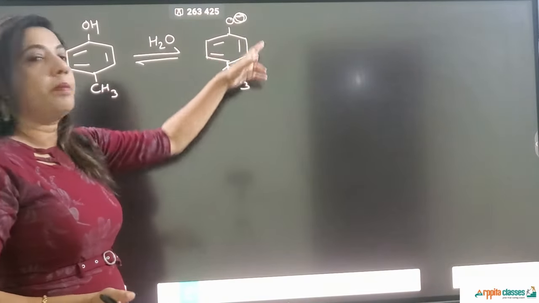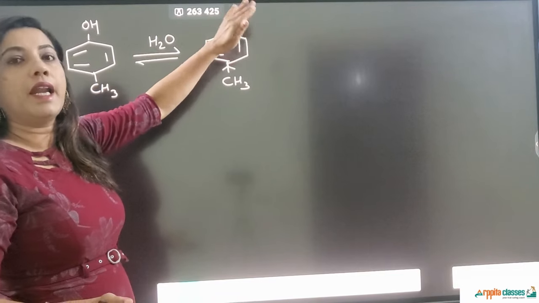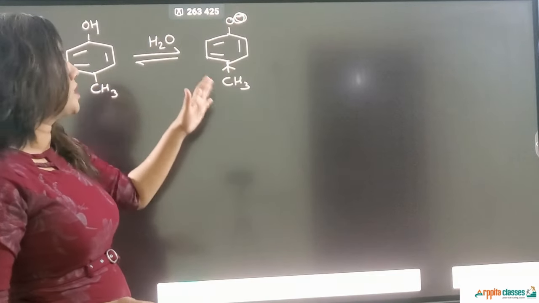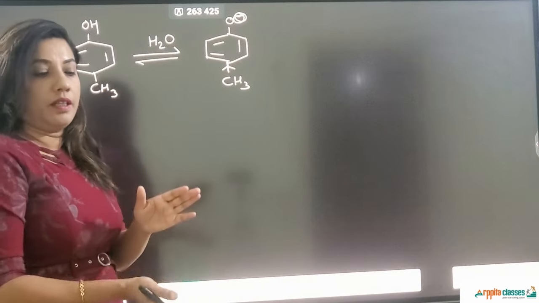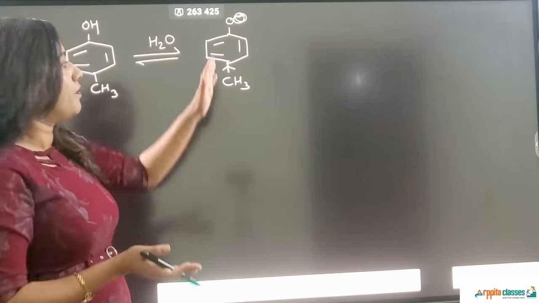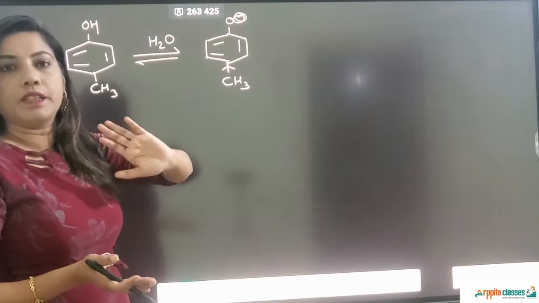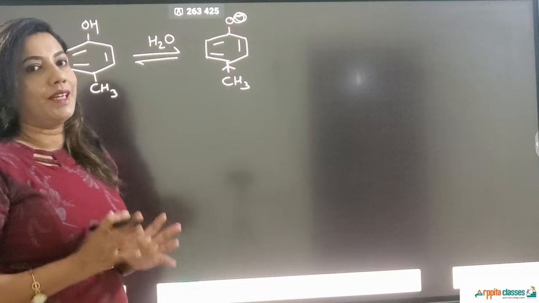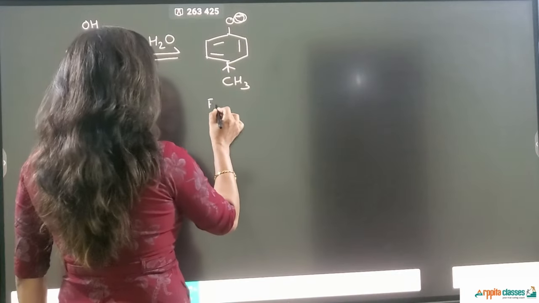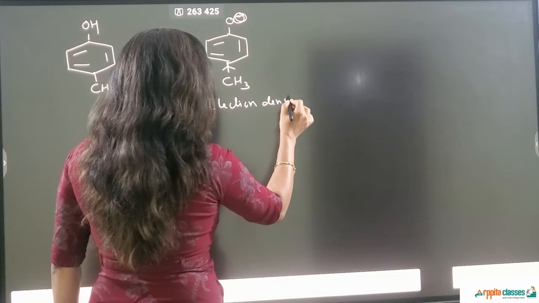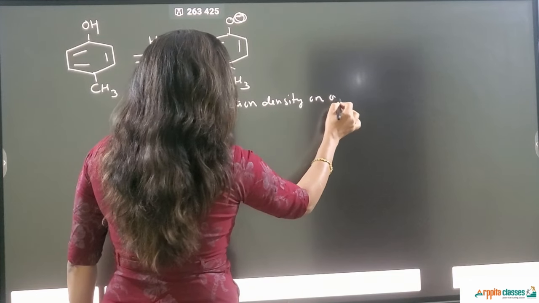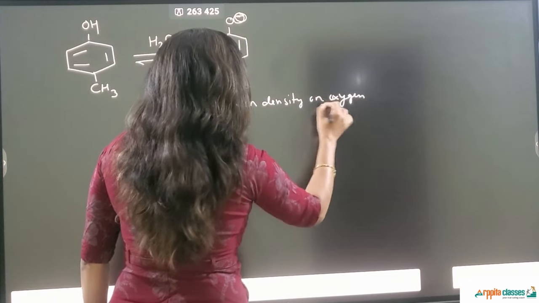It should get dissipated. It should not be concentrated in an area. The density should not increase, but because of the electron donating group here, the electrons are pushed inside the ring, and finally it comes to the oxygen. So the electron density on the oxygen atom increases.